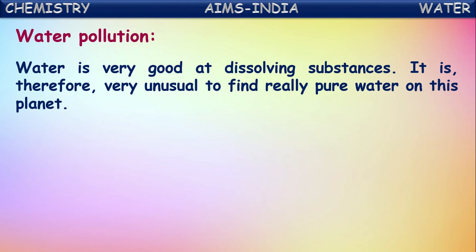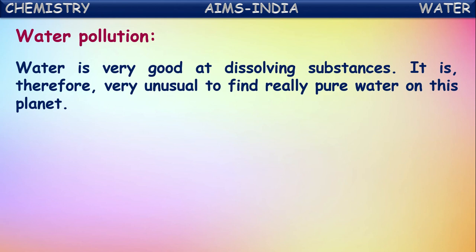Because of this reason, water is specially called the universal solvent. Have you heard this? Water is called the universal solvent because it can dissolve many substances. That is why it is very unusual to find really pure water on this planet.